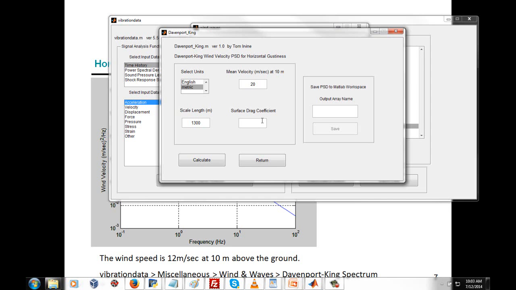So there's different references you can look up as to what the proper drag coefficient could be. And I'm just going to put in 0.3 because that's the value I used years ago when I took a look at a tall, slender launch vehicle with a cylindrical cross-section and had to do a wind analysis.